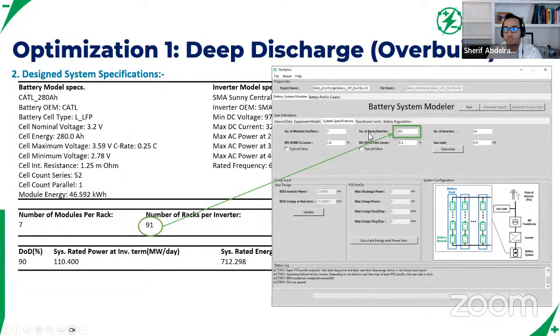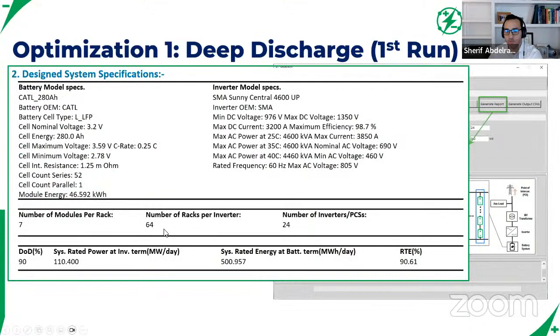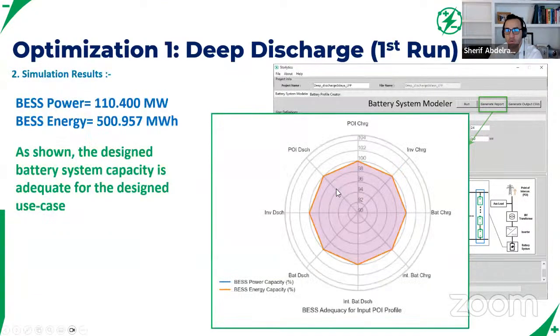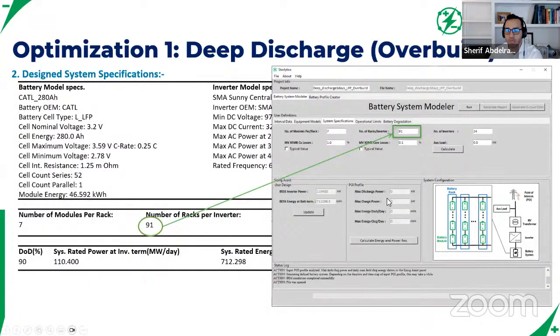So what we basically do is we start adding battery racks to the design. Before this was, I think it was 64, where is it here? Yeah, it was 64 racks per inverter. So we increased that to 91 racks per inverter.